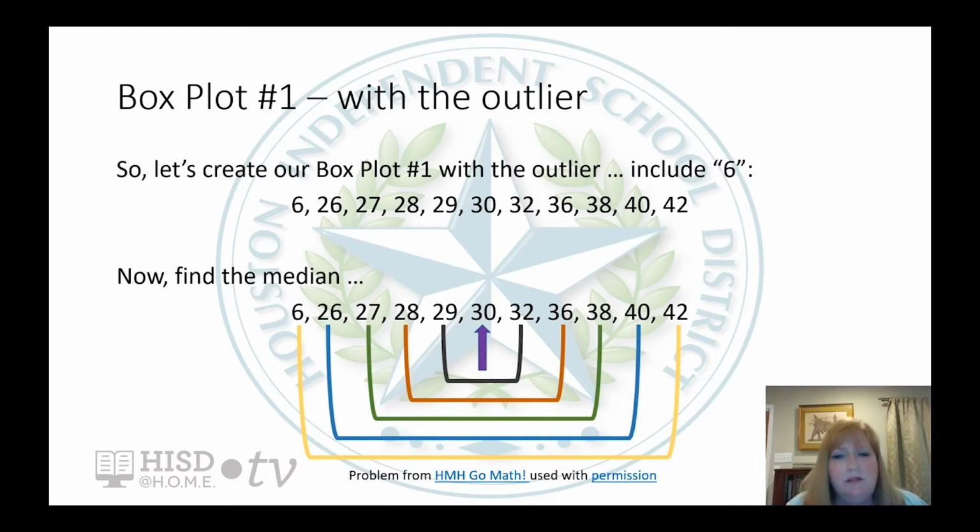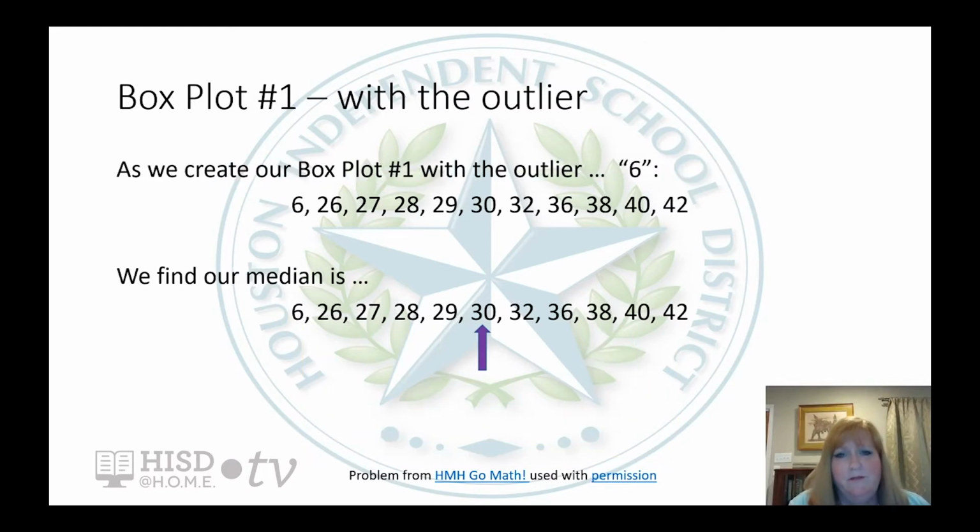It is the middle number in the data set. For our data set, we find that it's 30. There are other ways to calculate the median, but this is the way that I think is easiest. So this is what I chose to do. So now we have our data ordered, and we know that our median is 30.